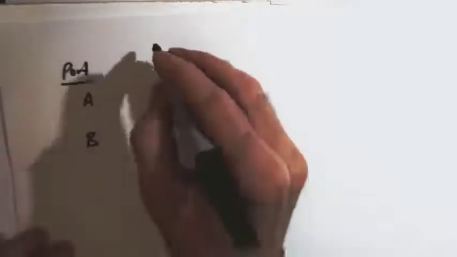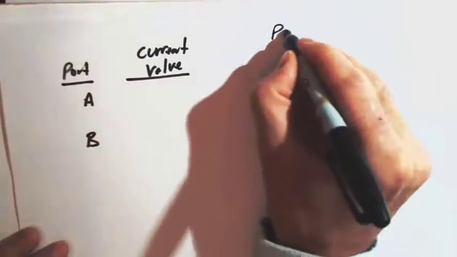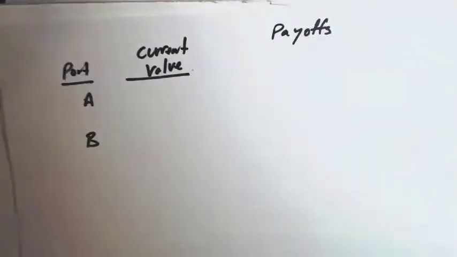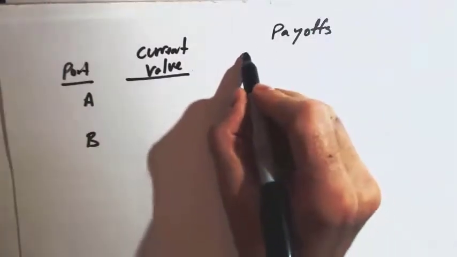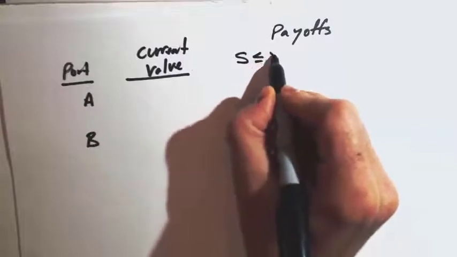We're going to draw a box here: portfolio A, portfolio B, and the current value. Okay, and then we're going to have payoffs. And you're going to see this type of logic used throughout the course. We're going to look at payoffs when the option is out of the money.